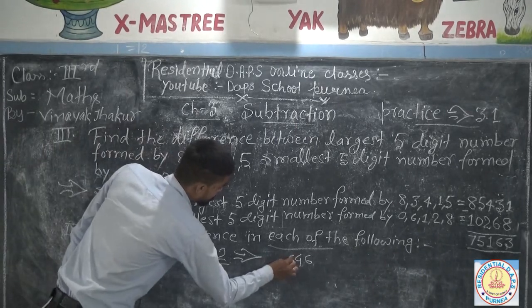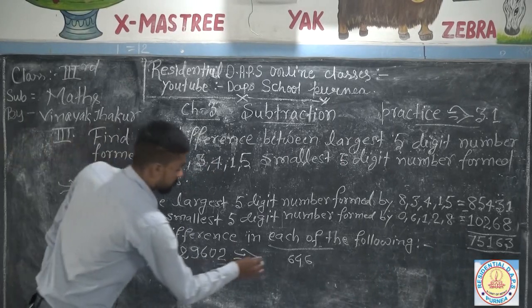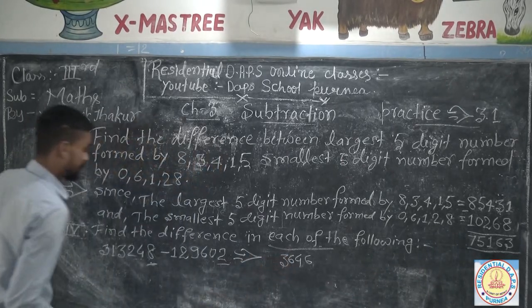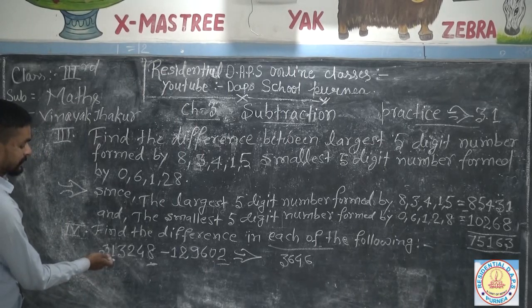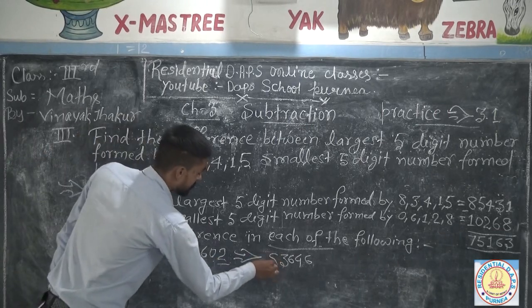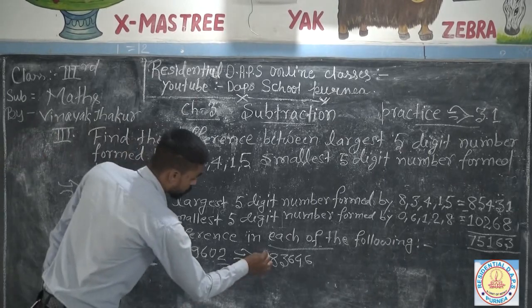Then 12 minus 6 is 6, 3 minus 2 is 1, 10 minus 8, and at last 2 minus 1, 1.